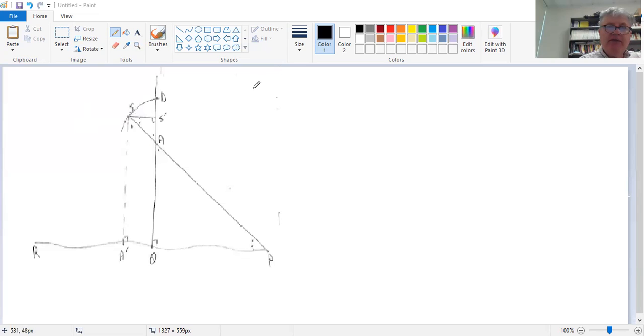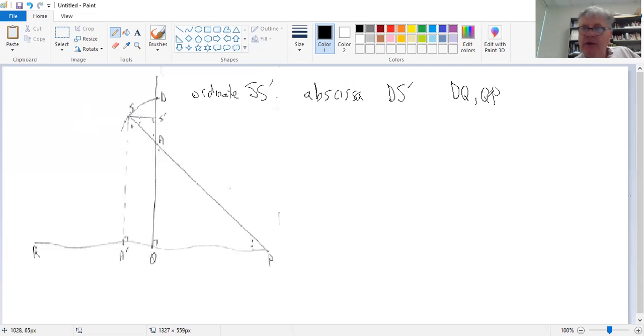So we see that the ordinate is SS prime and the abscissa is DS prime. The given data that we have is DQ and QP, because that's what the axes that we start off with.